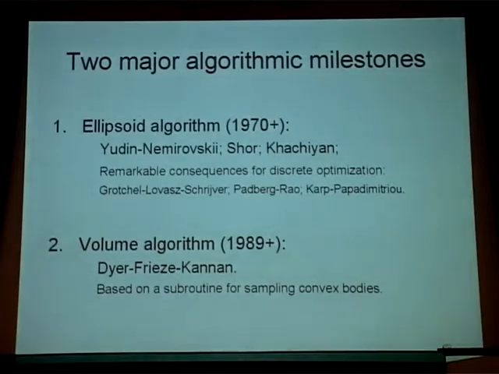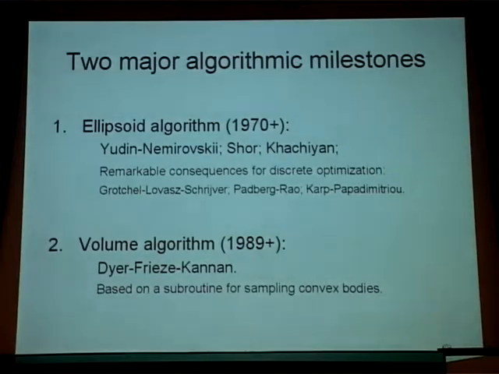And then following this, there were these great consequences for discrete optimization. So you know how to, say, find maximum cliques in perfect graphs, or minimize submodular functions, and so on, by just viewing them as convex optimization problems.